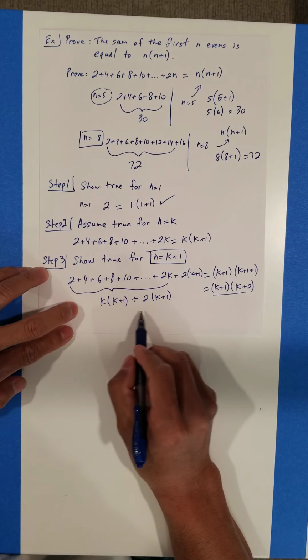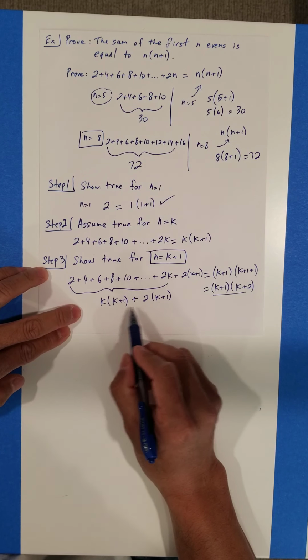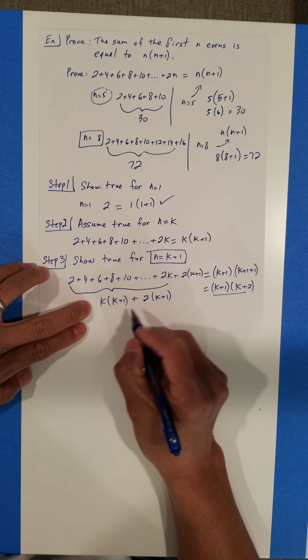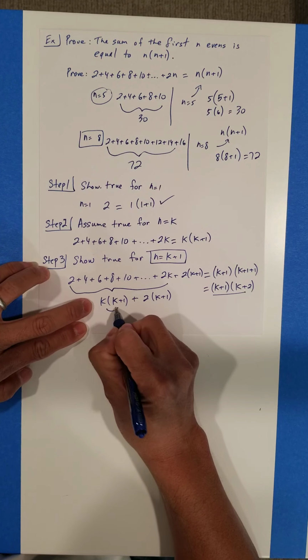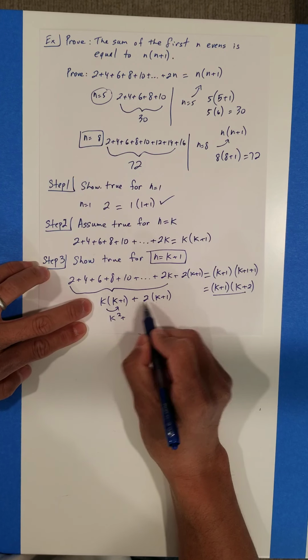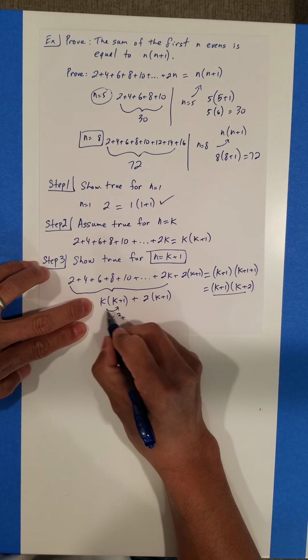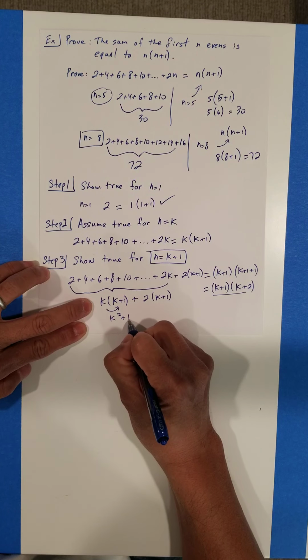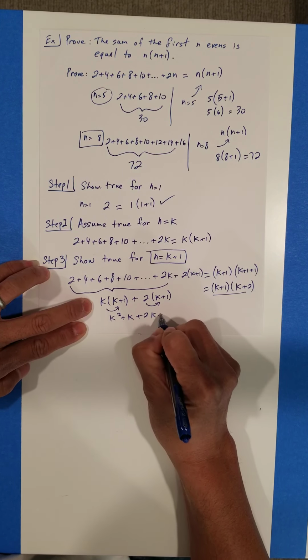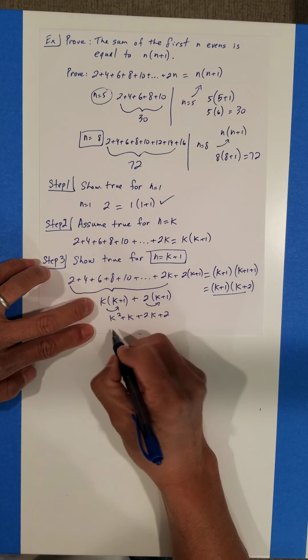So there's a couple ways you can do this. You can factor these out. That'll be the fastest way. Or if you can't see that, then what you can do is distribute, okay? A lot of times people have trouble factoring out the k plus 1. So what we can do is distribute here, k squared plus k, and then distribute here, 2k plus 2, and then simplify.